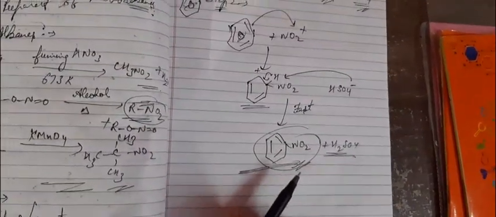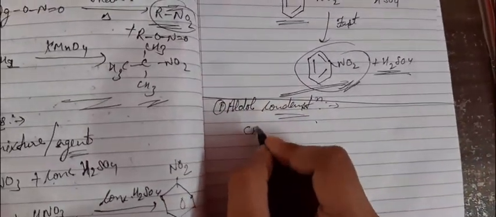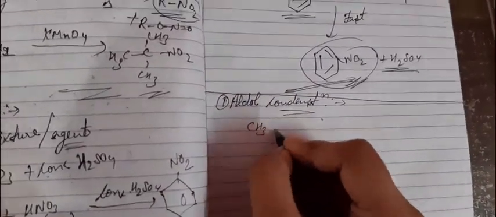Now we will study about the reactions of nitroalkanes in which aci-nitro derivatives act as nucleophiles. So let's proceed. The first reaction is aldol condensation. In this, let us take the example of nitromethane.